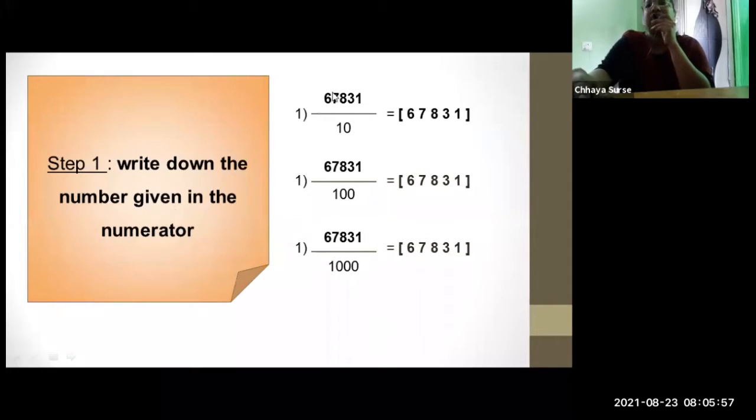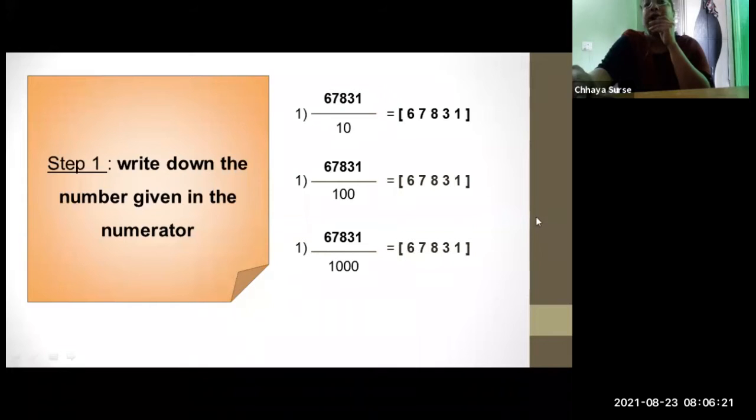So the first step, what will you do? You will write the numerator as it is. In all three examples I wrote the numerator 67,831 as it is.